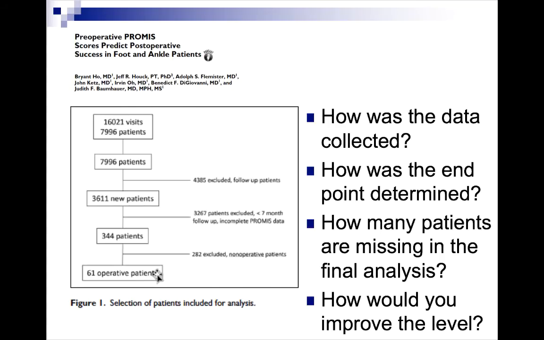And here's an example. This is the patient flow sheet, which most studies nowadays have. And you can see that there's the potential visits. We have 8,000 potential visits, reduced to 4,000 because of different criteria, and we end up with only 61 operative patients when clearly there were hundreds of operative patients that year. And so the proportion of patients that we actually capture is much lower than the number that got the procedure.